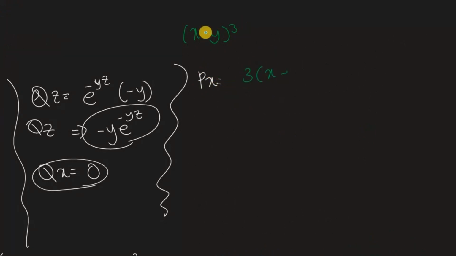Like I explained before, move the 3 down, subtract 1 from the exponent, and multiply by the partial derivative of the inside function. This is going to be 1, this is going to be 1, and this is going to be 0. So this is simply 3(x minus y)^2.